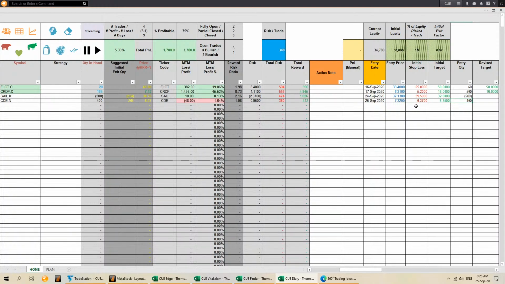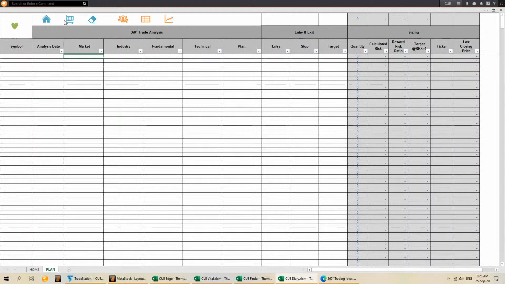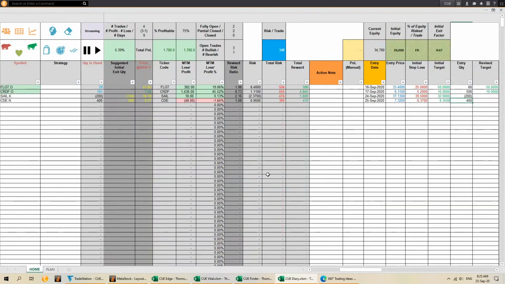Therefore, once I transfer the trade from plan to home by clicking the shopping cart button, and I should click that after my brokerage order is filled, the trade is transferred to home tab trade log, and I update the actual entry price because my actual fill price may be slightly higher or lower, and I also update the actual entry quantity. In this case, as I showed, I rounded up to the nearest 100 shares.